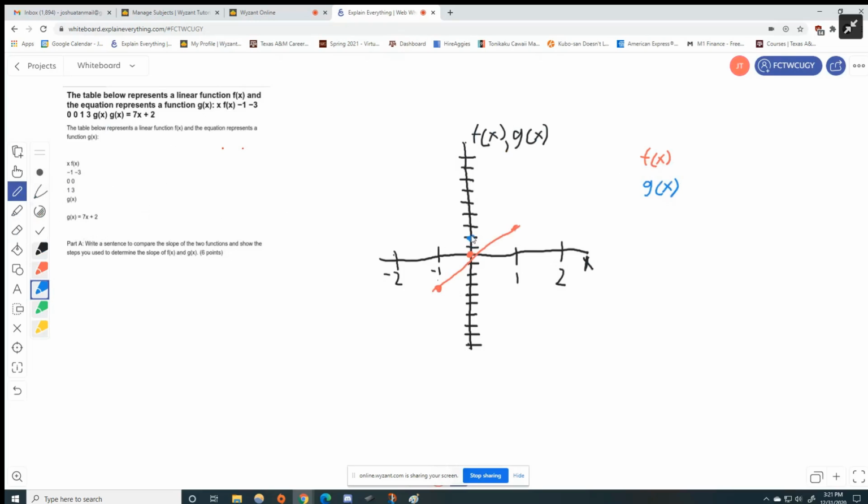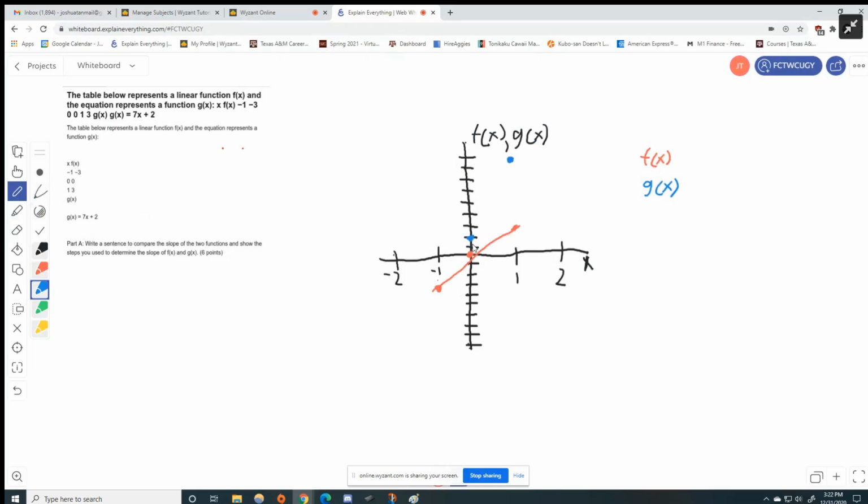So from here, what we can do is that it'll go up 7, 1, 2, 3, 4, 5, 6, 7, and then go across 1, which would be here. Likewise, to go to the other side, you're going to have to go across 1, but this time, because you're going to the left, you have to go down 7.